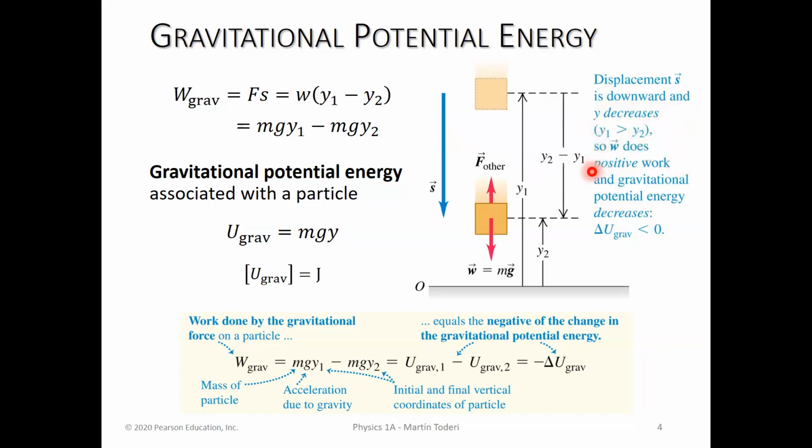So the weight does positive work, right? Because it will be taking the object to a lower state of energy. And then the gravitational potential energy is decreasing, right? Because we have that variation, the delta, which is this one here, would be negative, right?